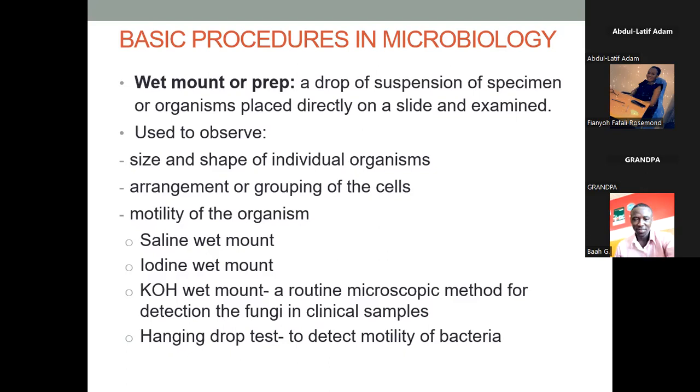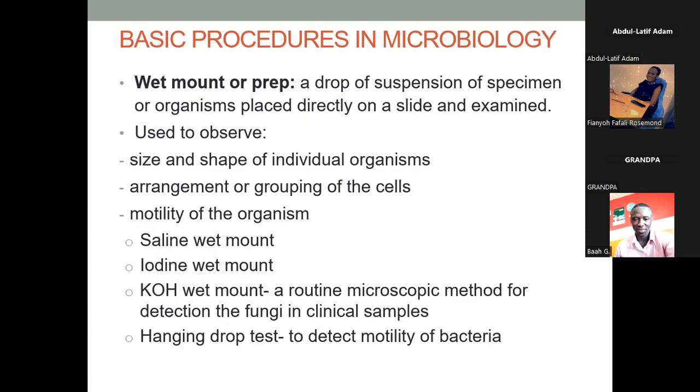All right. So I want us to quickly look at some of the basic procedures in microbiology. And the simplest procedure is what we call the wet mount, where a suspension of a sample or inoculum is examined in a liquid form.